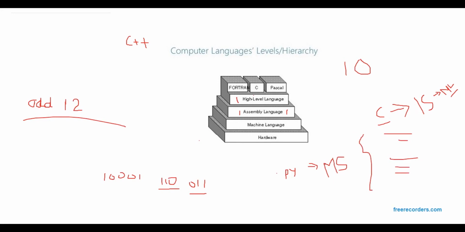I'm just typing one line, print hi, but while converting, it will be converted into a bunch of codes. That's why machine languages are difficult to remember and high-level languages are used nowadays. So let's go to the coding part.